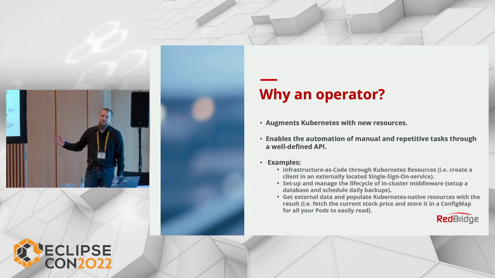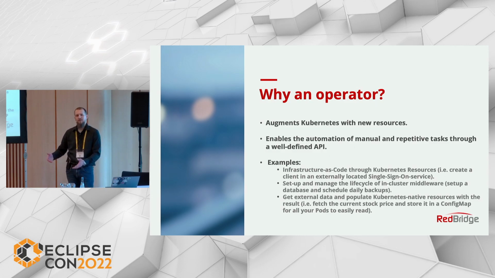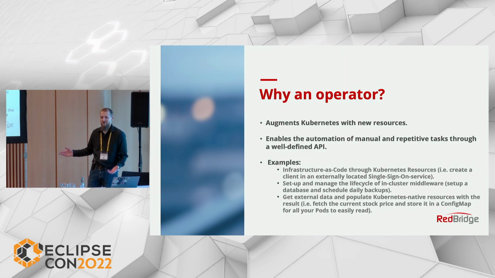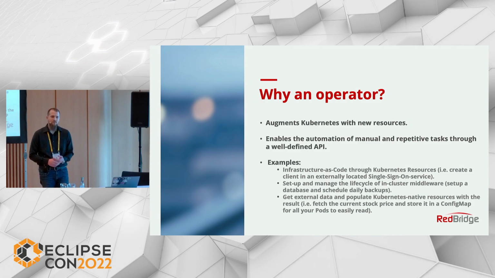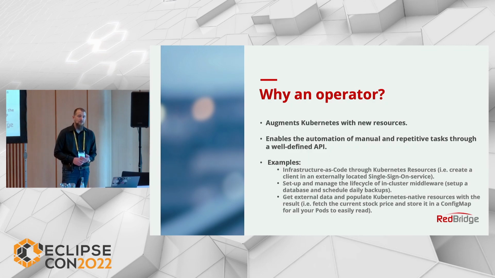Using an operator that can automate the manual things that you would otherwise have to do each and every time you deploy a new application enables you to have your infrastructure as code alongside your code in your code repository.